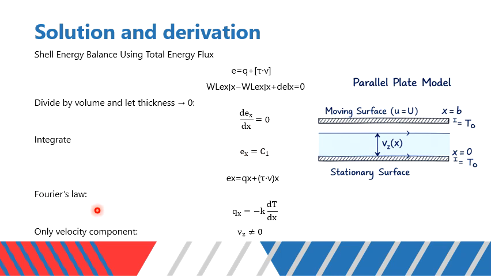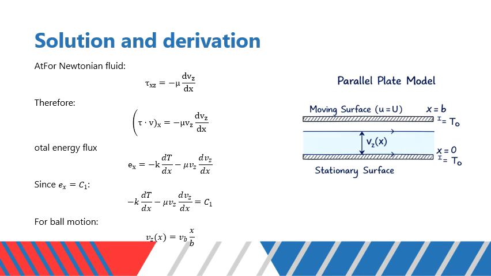And now we will apply Fourier's law. Qx is equals to minus k dT by dx. Velocity Vz is a function of x only. Now, for Newtonian fluid, tau xz is equals to minus mu dVz by dx.